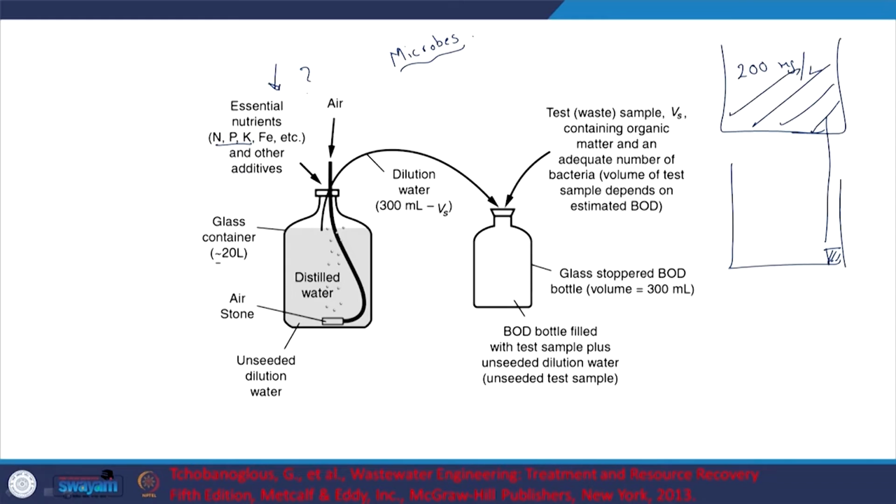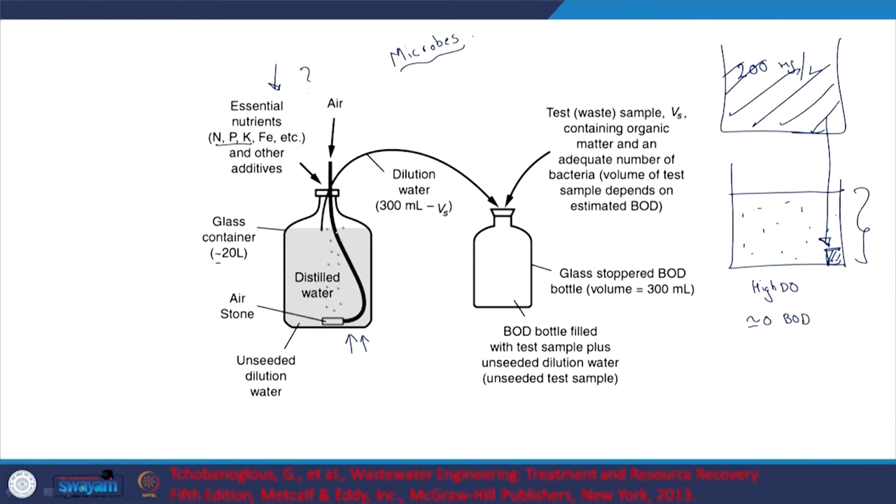Let us say this is my actual sample, and the rest of it I will fill with dilution water, which is what I have out here, which will have high DO, and almost 0 BOD, right. So that the total BOD in this particular sample will be relatively less. My high strength wastewater is now only a fraction of this total diluted wastewater, right.